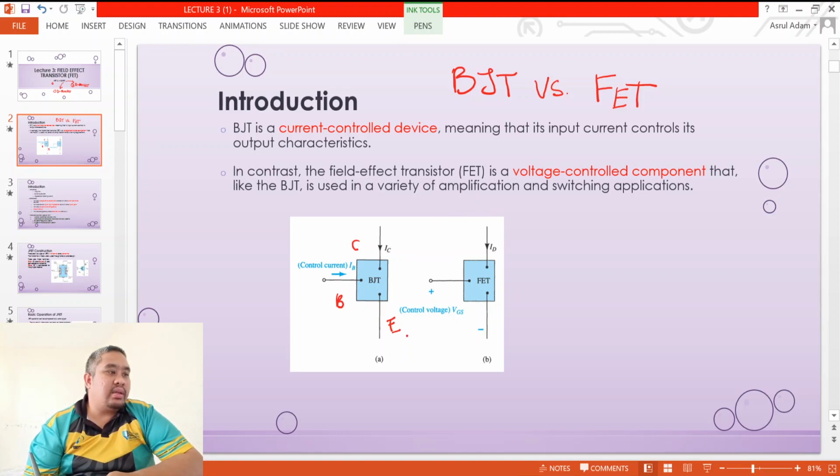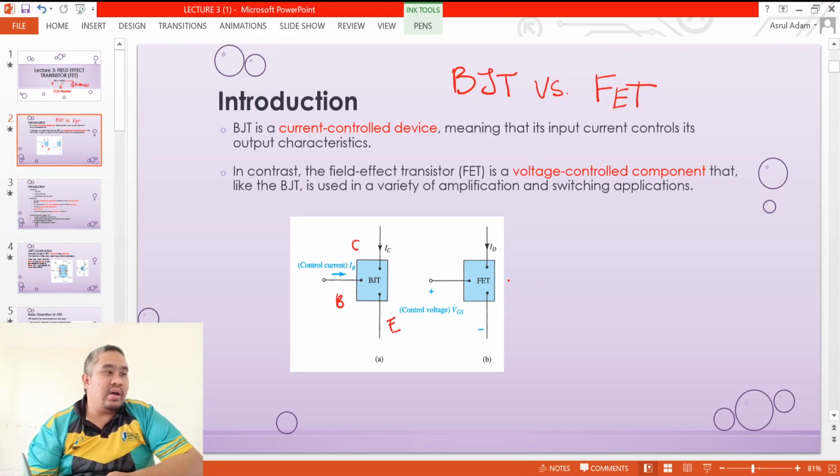What does it mean that BJT is current control? The output here depends on IB. That's why we call the BJT a current control device.